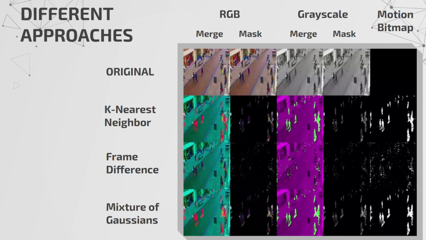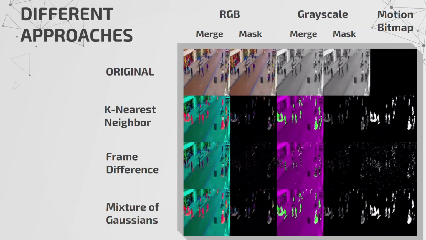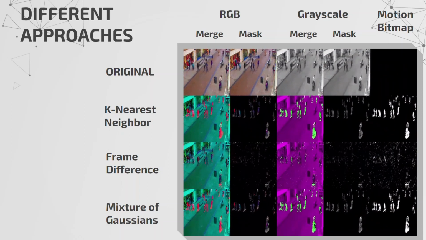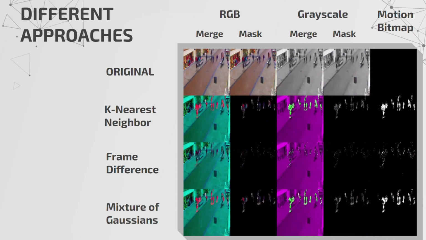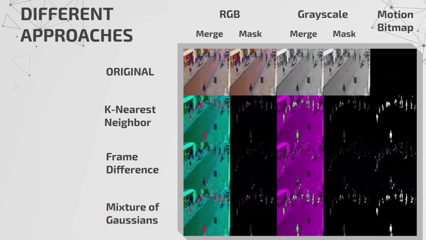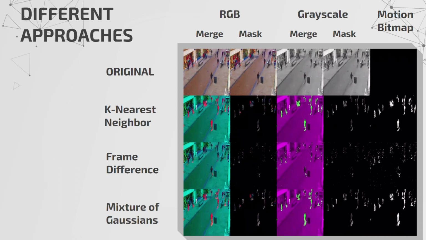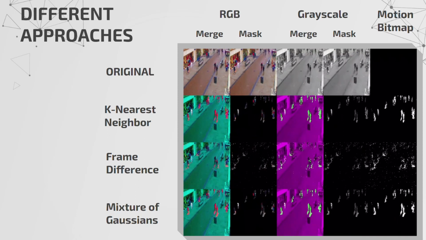Together with this merging methodology, we also employed a masking methodology. So we consider the output as the pixel-wise product between the original image and the motion bitmap.